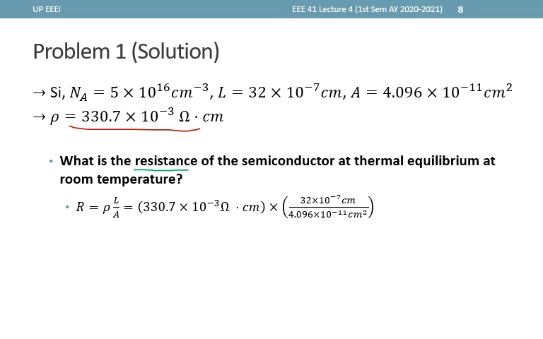And now we'll use the length and area in cm and cm squared. So we already have those values, and using our calculator, we should be able to get that the resistance is 25.836 kilo ohms.